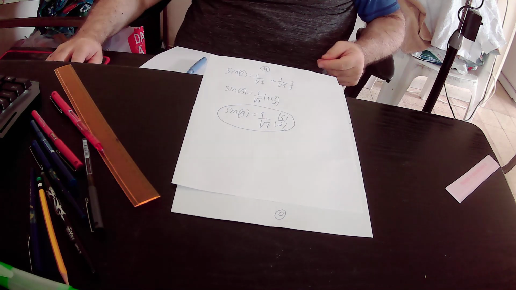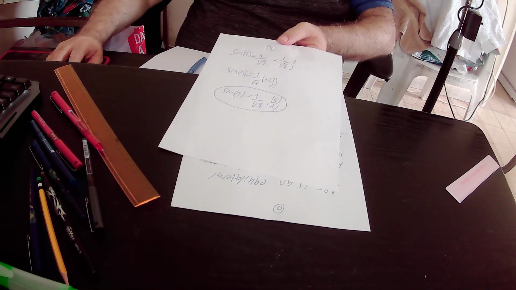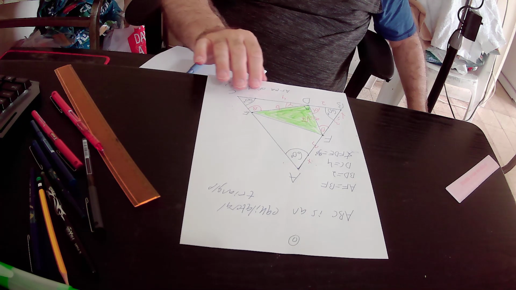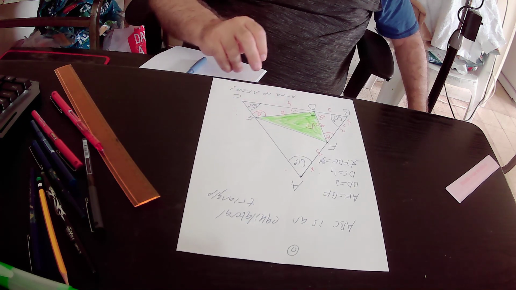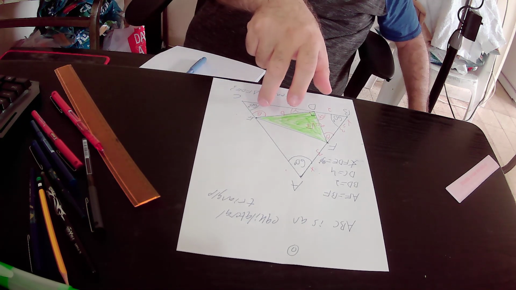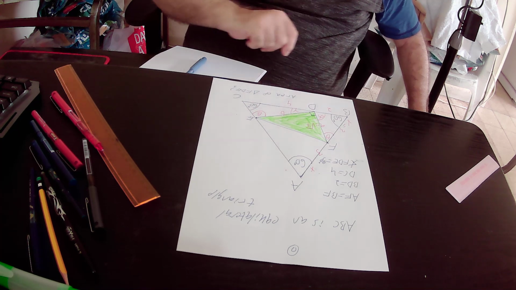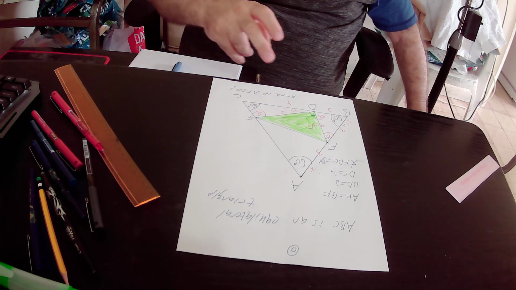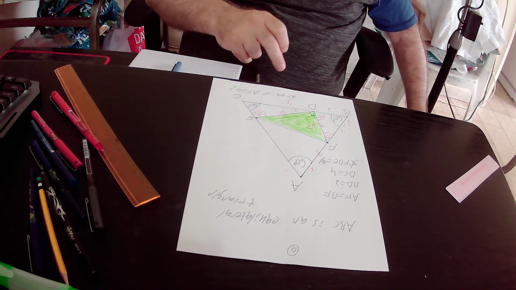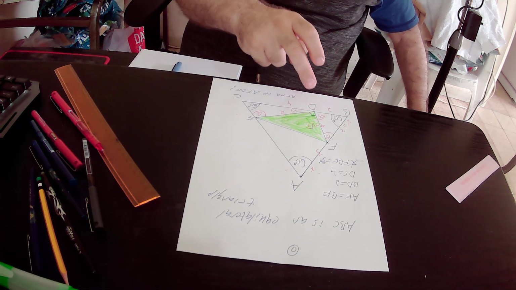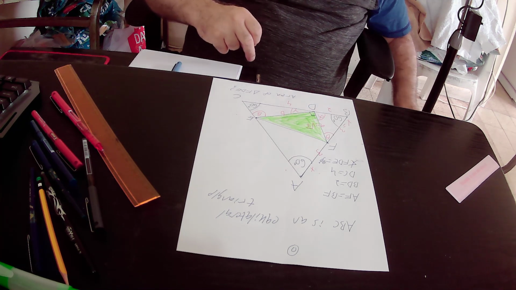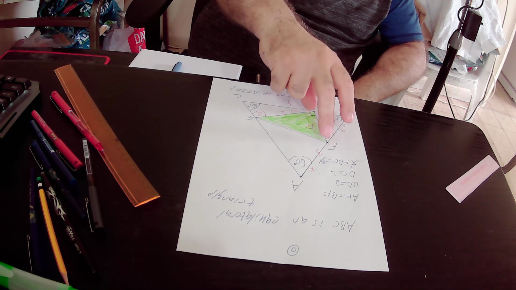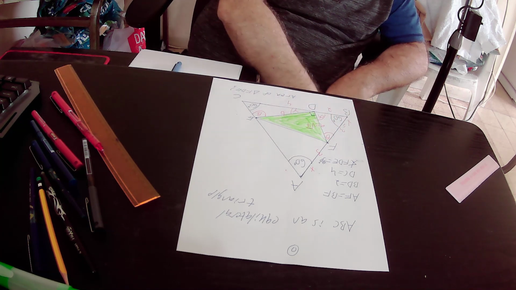After we found the value of sine beta, we can implement the law of sines in order to find the value of DE, that is B. Once we find B, we will know the area of the green triangle, because the area is the base B times the height A over 2.